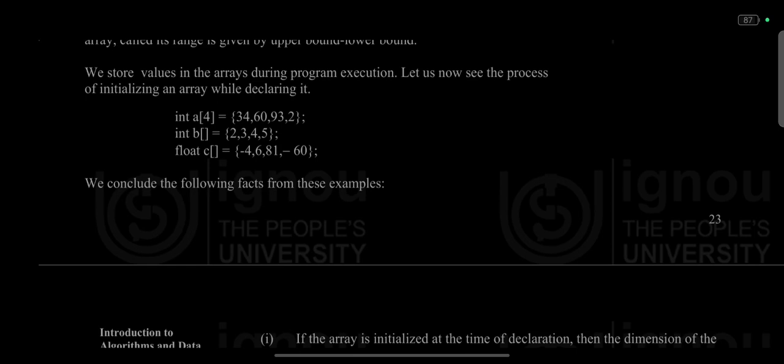Let us now see the process of initializing an array while declaring it. int a[4] = {34, 60, 93, 2}; int b[] = {2, 3, 4, 5}; float c[] = {-4, 6, 81, 60}; We conclude the following facts from these examples.